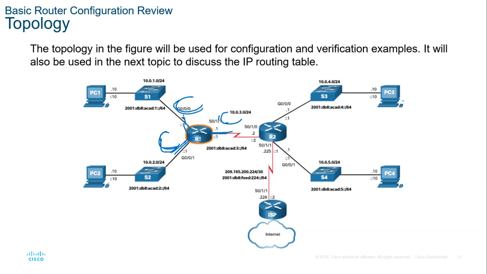But for this router one, this is a remote network, this is a remote network, this is a remote network. When it comes to router 2, this one here becomes directly connected, and this side becomes a remote network for router 2. So you need to note that.